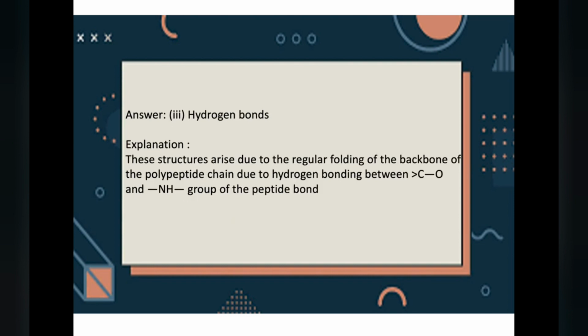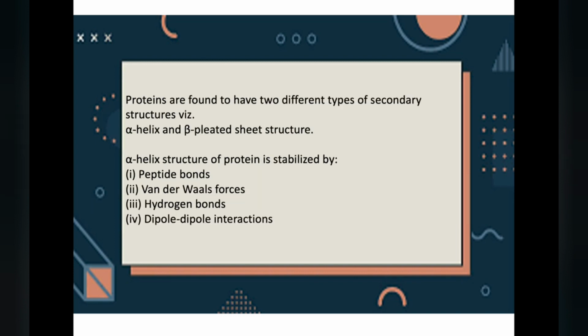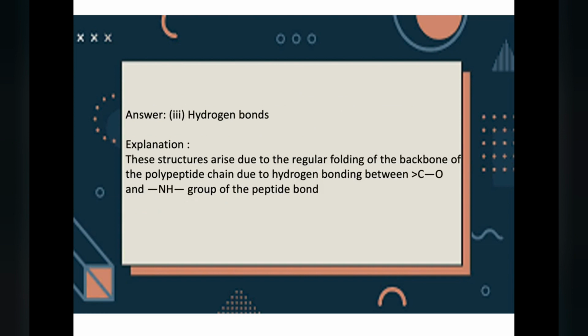The structure is formed due to the folding of the polypeptide chain, which is due to the hydrogen bonding between the CO and NH group of the peptide bond. So that is why we say hydrogen bonds here. The alpha helix structure of protein is stabilized by hydrogen bonds.